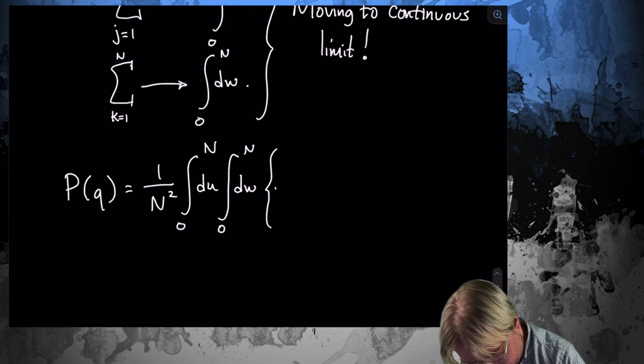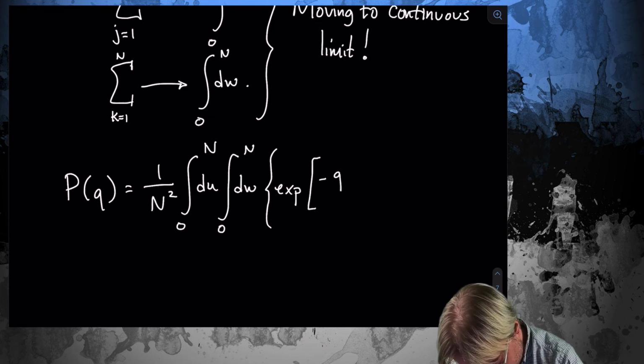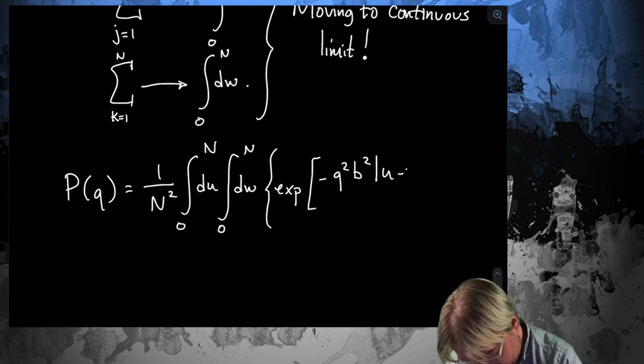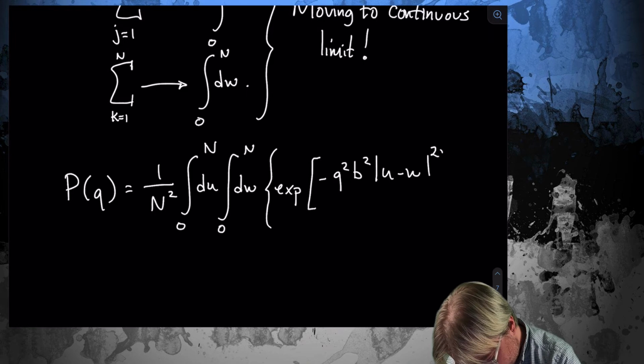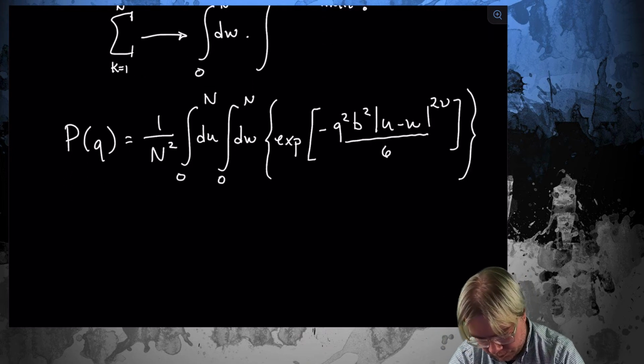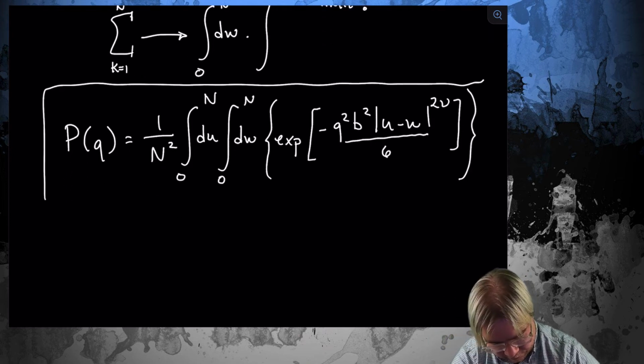And so this is going to be the integral of the exponential of minus q squared b squared, absolute value of u minus w to the 2 nu power over 6, and close the brace. So this is the form factor for a polymer.